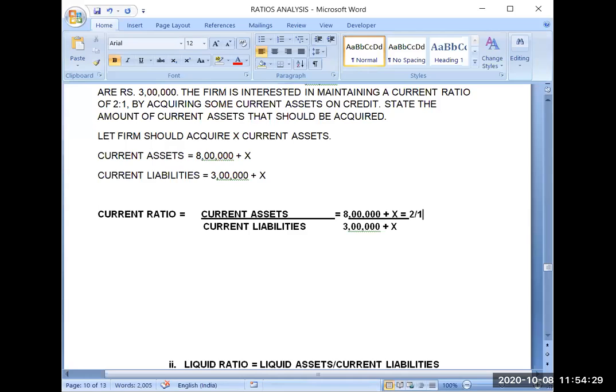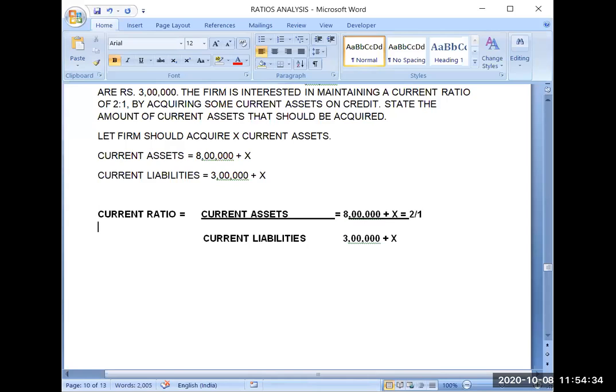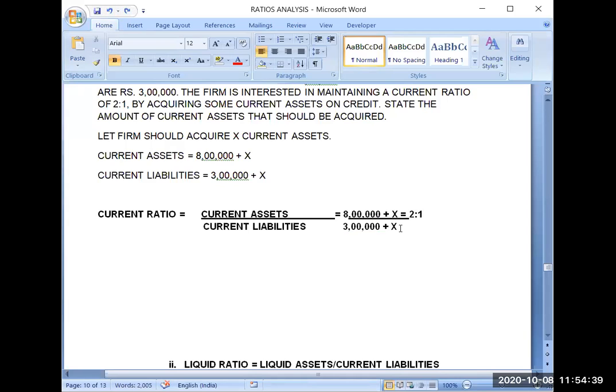So now cross multiplication will be there, and it will be 6 lakh plus 2X is equal to 8 lakh plus X. This type of equation will be there.